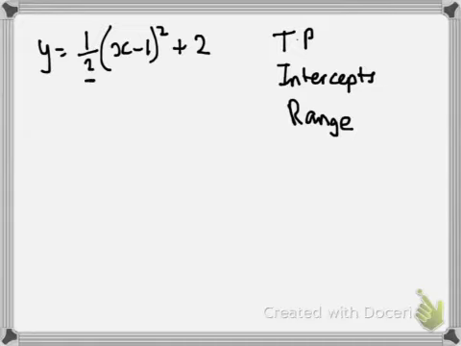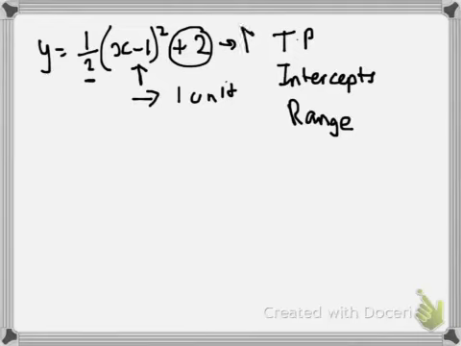Now the half outside the brackets, that will be a dilation factor. As you'll see later on, that will make the graph a bit of a wider shape, more in chapter 2. That (x minus 1) inside the bracket will move the graph to the right 1 unit, and that plus 2 will move the graph up 2 units.